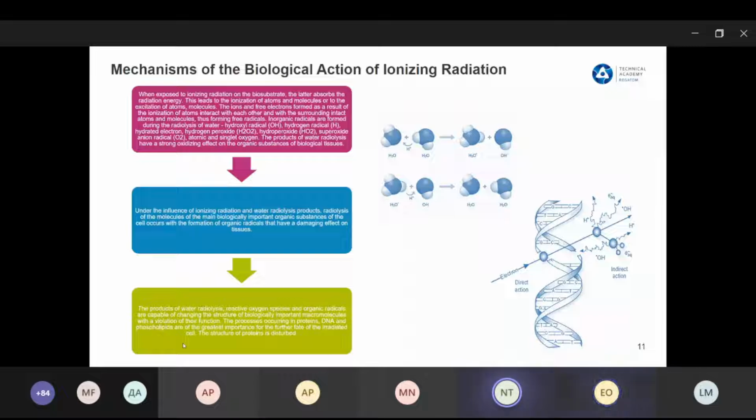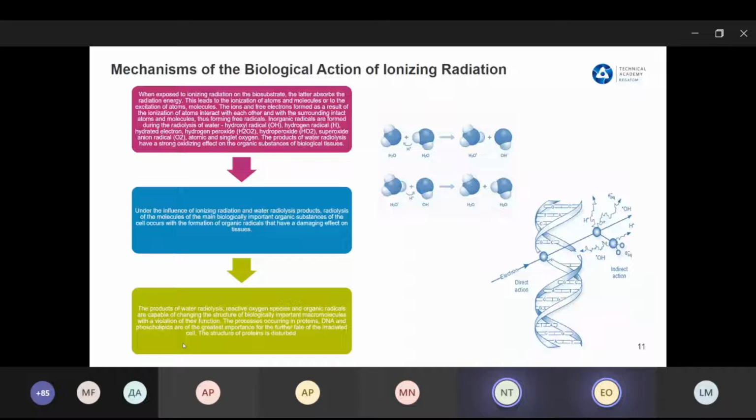The structure of proteins is disturbed. As a result, the secondary and tertiary structure of proteins changes, which leads to violation of their biological properties, including enzymatic activity.